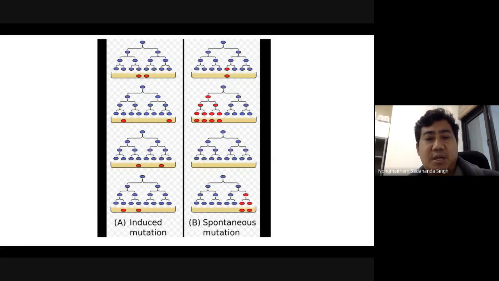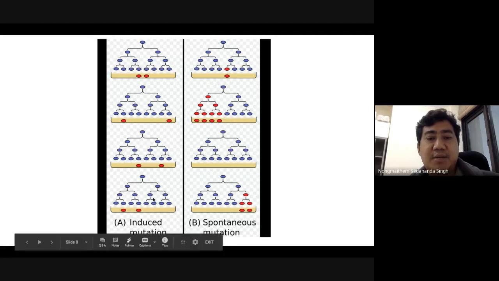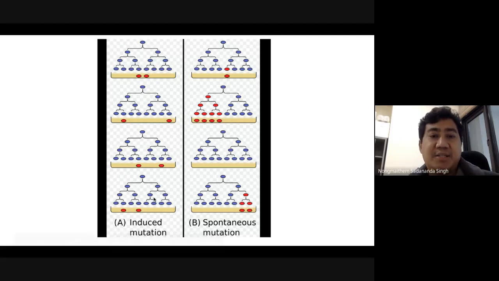So if we look at this experiment, if the mutation is not random or spontaneous, you expect that the number of resistant colonies is going to be the same in all the parallel sets of experiments or parallel cultures you are maintaining. But if it is spontaneous mutation, the mutation is happening randomly.